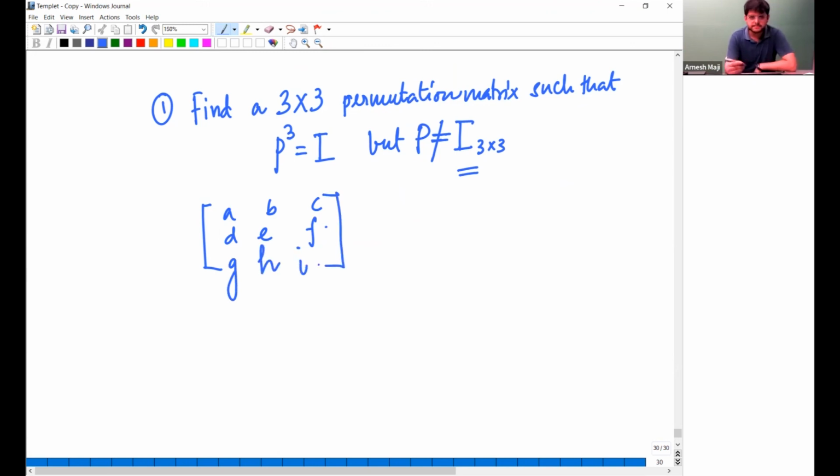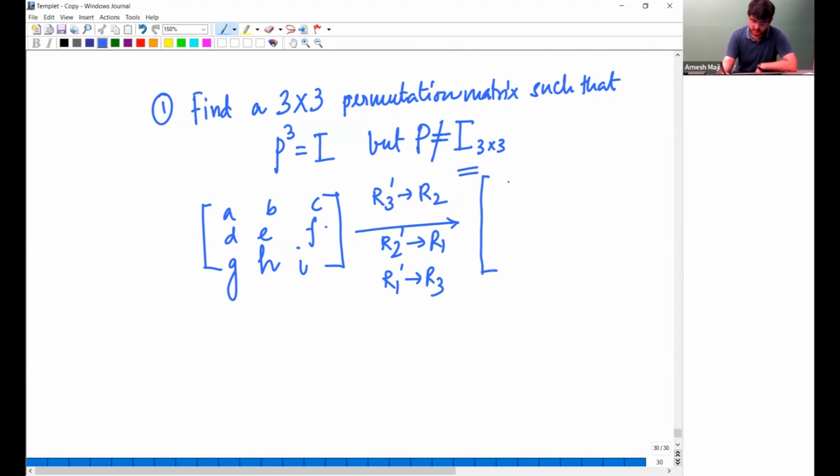Suppose this is a general matrix, and we will do simple row column operations on it. What does this mean? That we will interchange, like we will put row 3 as row 2, we'll put row 2 as row 1, and we will put row 1 as row 3.